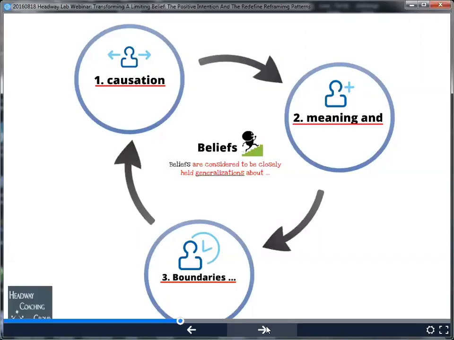Right now it comes to description, and there are limitations in the usage of particular words like "always." That's one of the generalizations which usually lead to limitations.